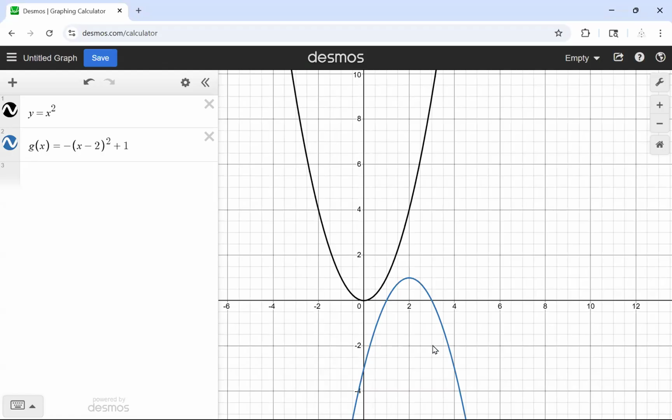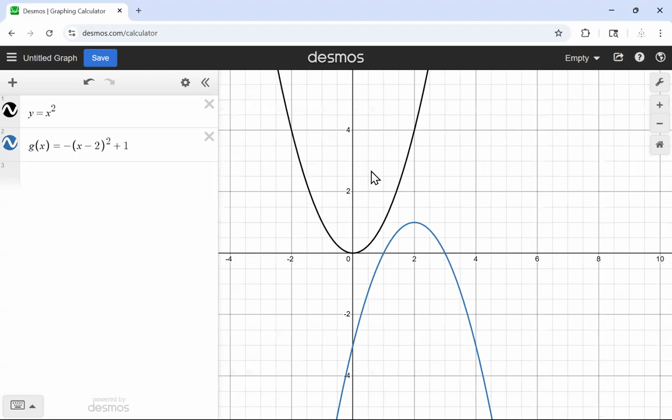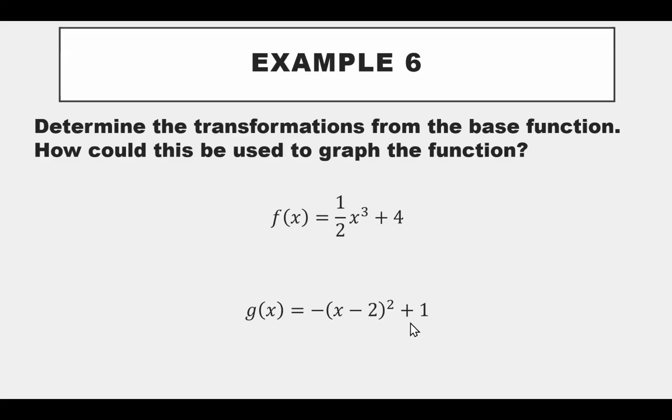It's a parabola pointing down. Like I said, we moved it over 2, flipped it upside down, and then moved that thing up 1. And so going through the point 2, 1, and then pointing down. That's exactly what we said with this g of x. So once I know the base function and the transformations, then I can actually graph the function as long as I know those things.